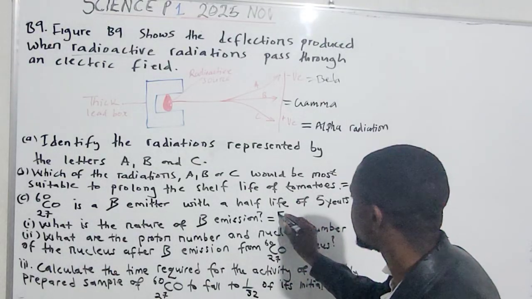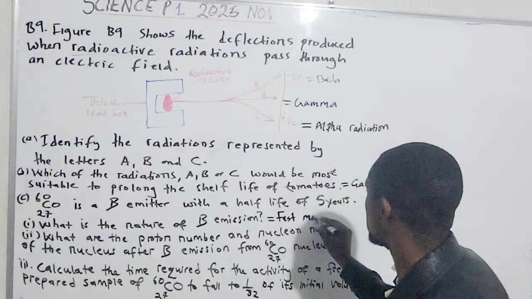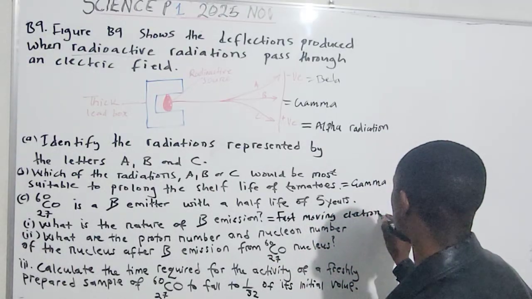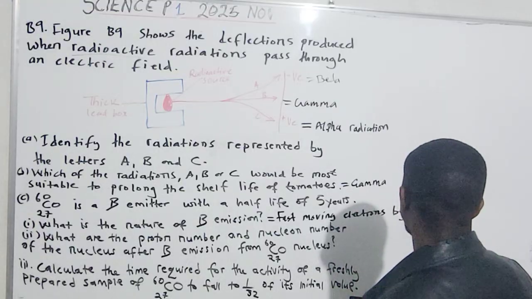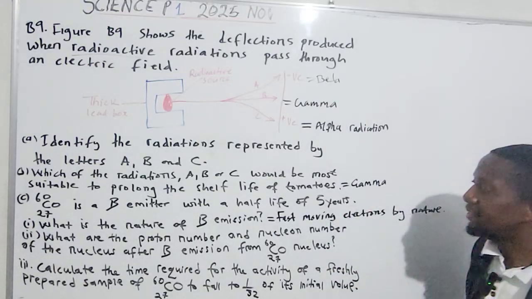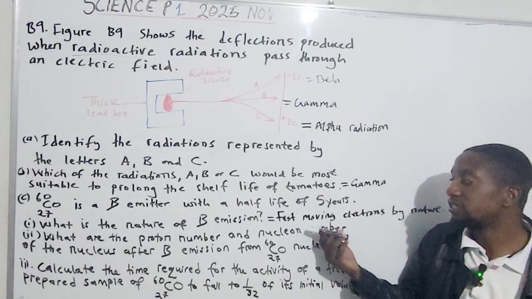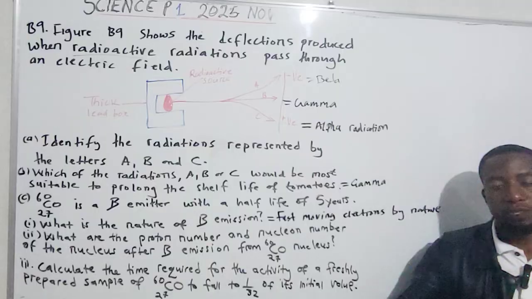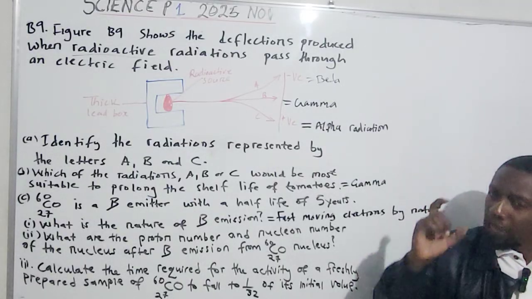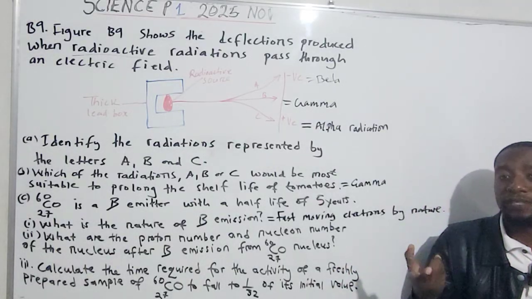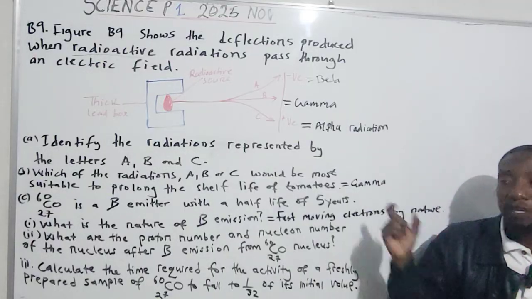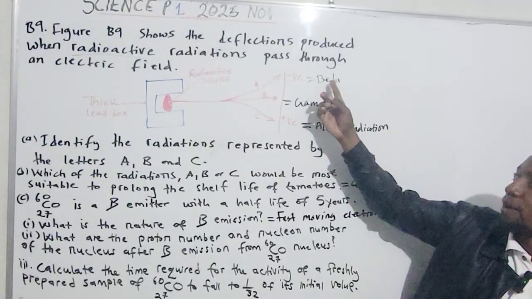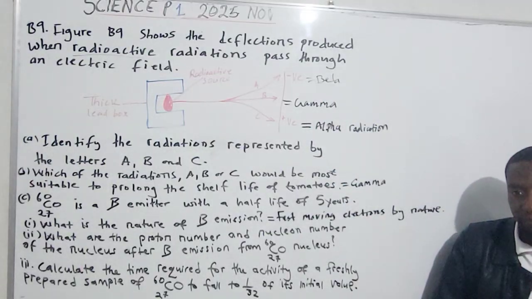So the beta particles or beta emissions are fast moving electrons. Remember I said electrons possess a negative charge. That's why even here, where we saw a negative charge, we said these are beta particles.